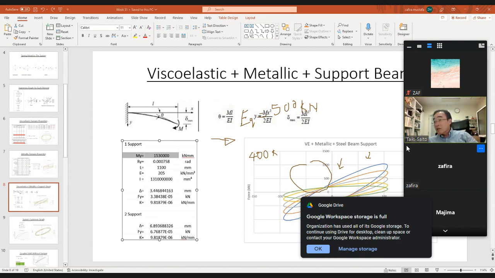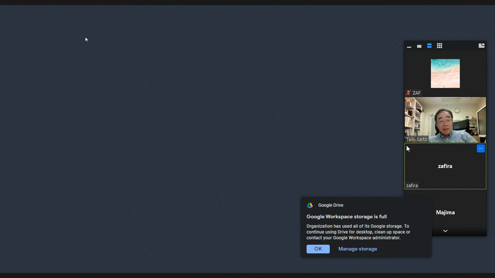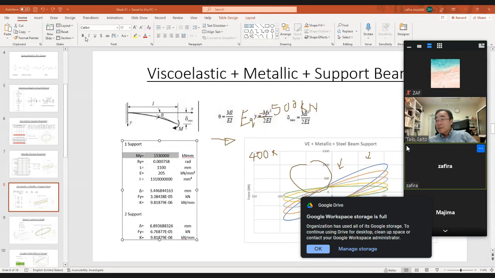How did you get this MY? MY is for the maximum of the data beam, I think. From here. Can you see my screen?